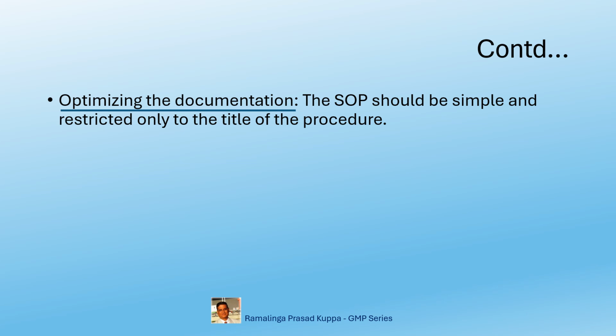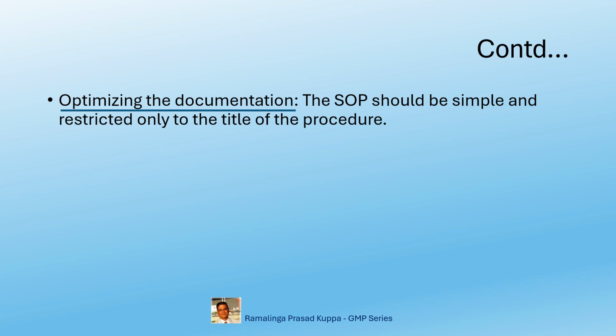Optimizing the documentation. The SOP should be simple and restricted only to the title of the procedure. This is the right approach. If the procedure is just limited to the small title, it is easier to read and understand carefully. If the SOP is too lengthy with compound and complex sentences, the reader would find it difficult to read and understand.